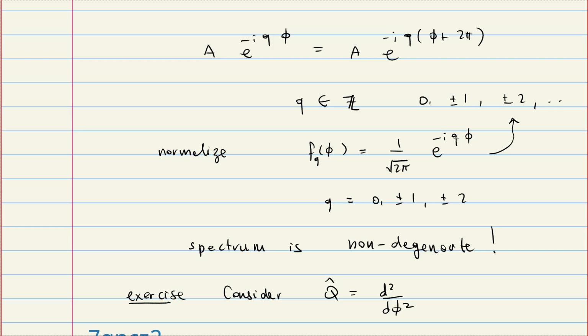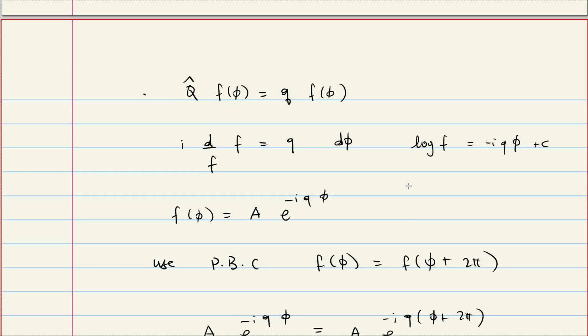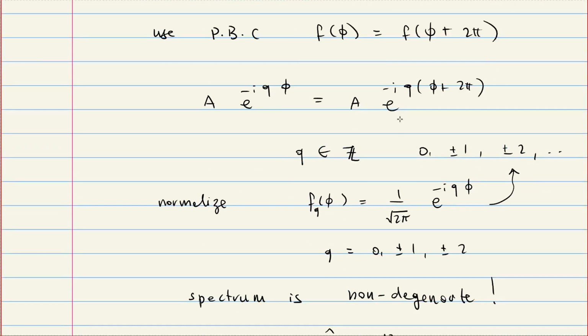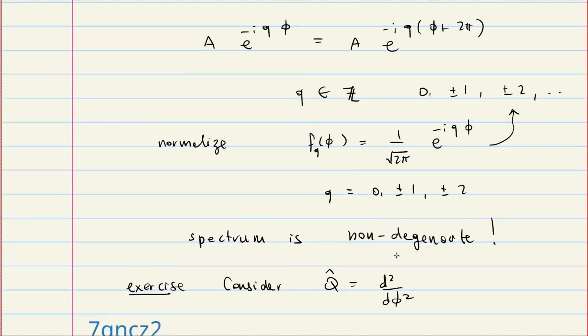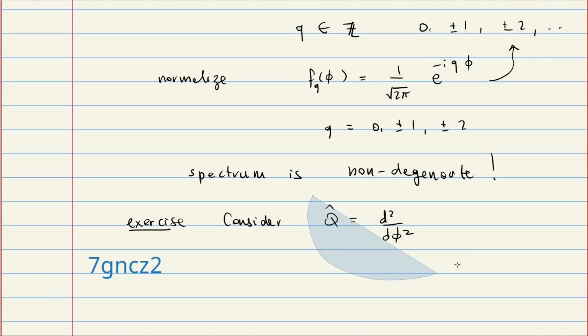They have a one-to-one mapping. So each different q has a different eigenfunction, like this, and a different eigenvalue. And to see the difference, you can consider this thing, and it'll tell you the difference.